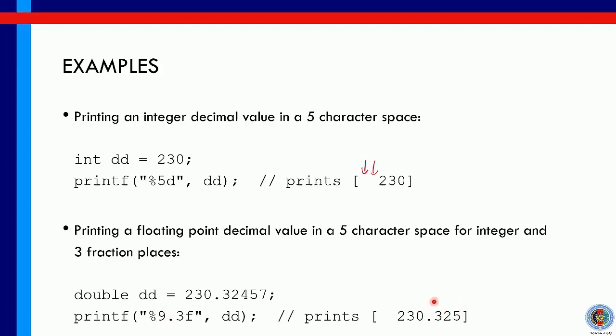So 9 subtract 4, we have 5 spaces to print the integer part of the value. So we achieve our formatting criteria: 5 character for integer, 3 character for the fraction part. The total space that we need to specify in the width is actually 5 plus 3, 8, and then plus 1 for the decimal point. So 9.3f. That is how we print using printf if we want to print it as 5 character integer and 3 character fraction.